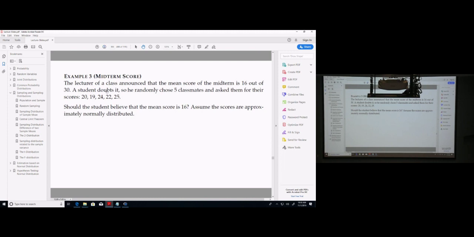Assume the scores are approximately normally distributed. Usually the test score is normally distributed if the test consists of many small parts and there is no one major part, so something like the central limit theorem will kick in.